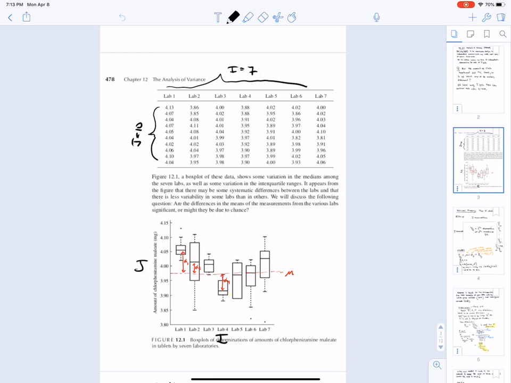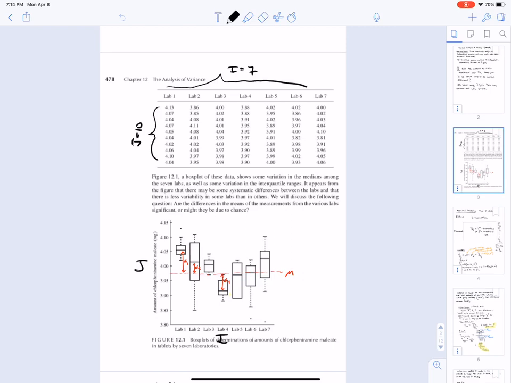That can be decomposed in terms of the variance within each lab and the variance of the means between the labs. So look at the bar, the middle bar for each box in the box plot. There's variance in those values.